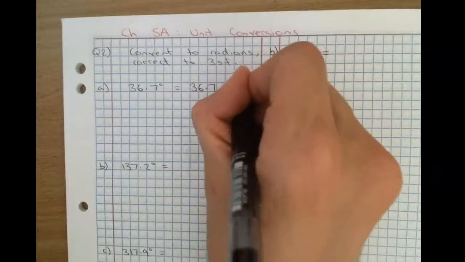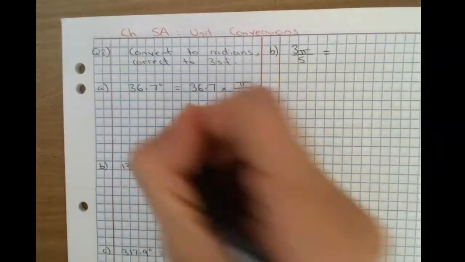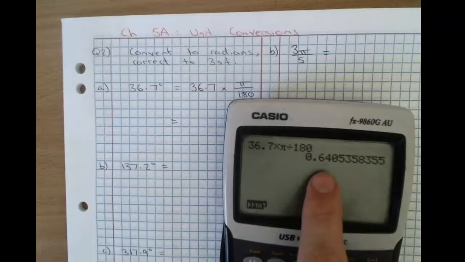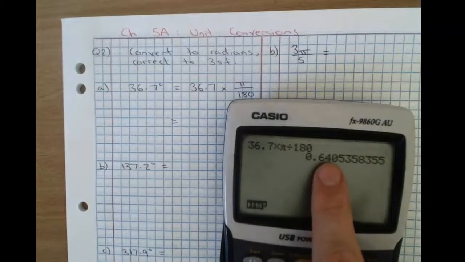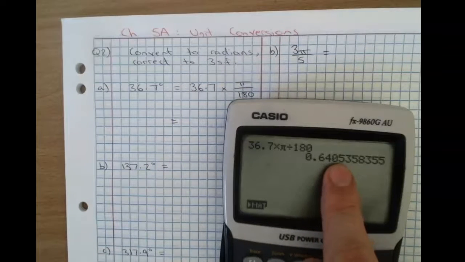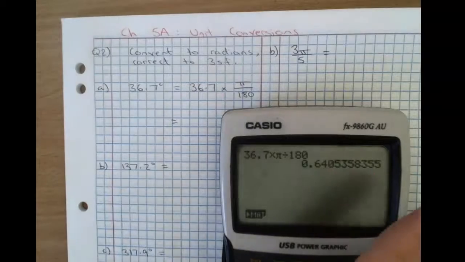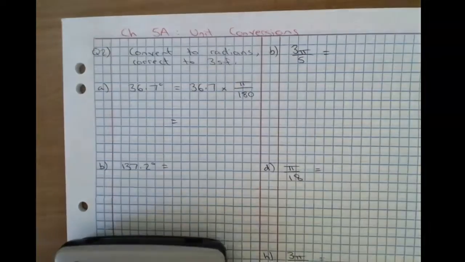Then you put this into your calculator. So we've got 36.7 times pi over 180 is equal to 0.6405. Now we want 3 significant figures, so that's 1, 2, that will be our 3rd significant figure, so we need to round it to 0.641.